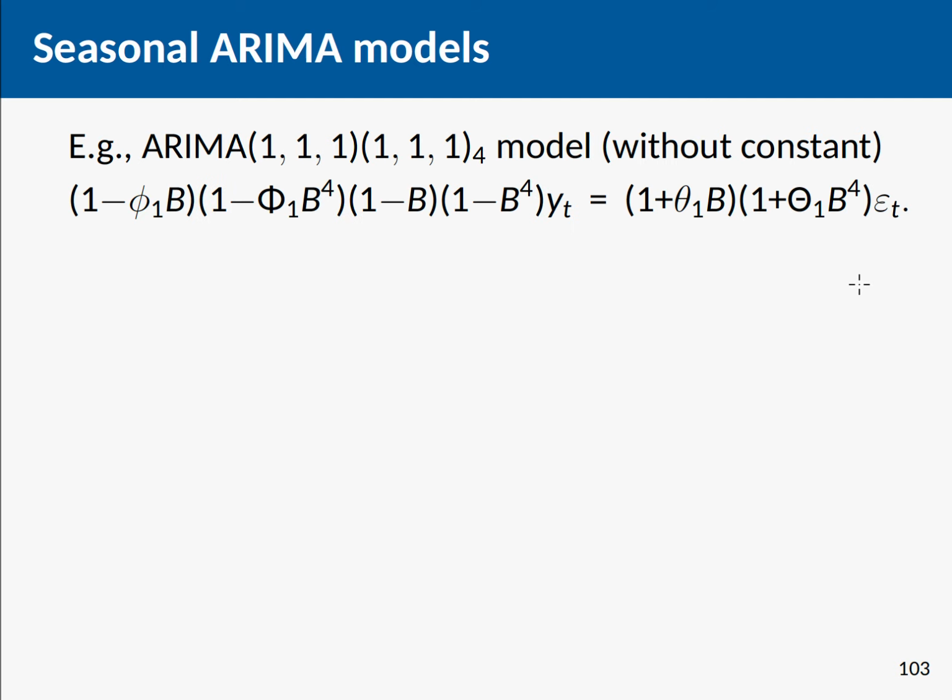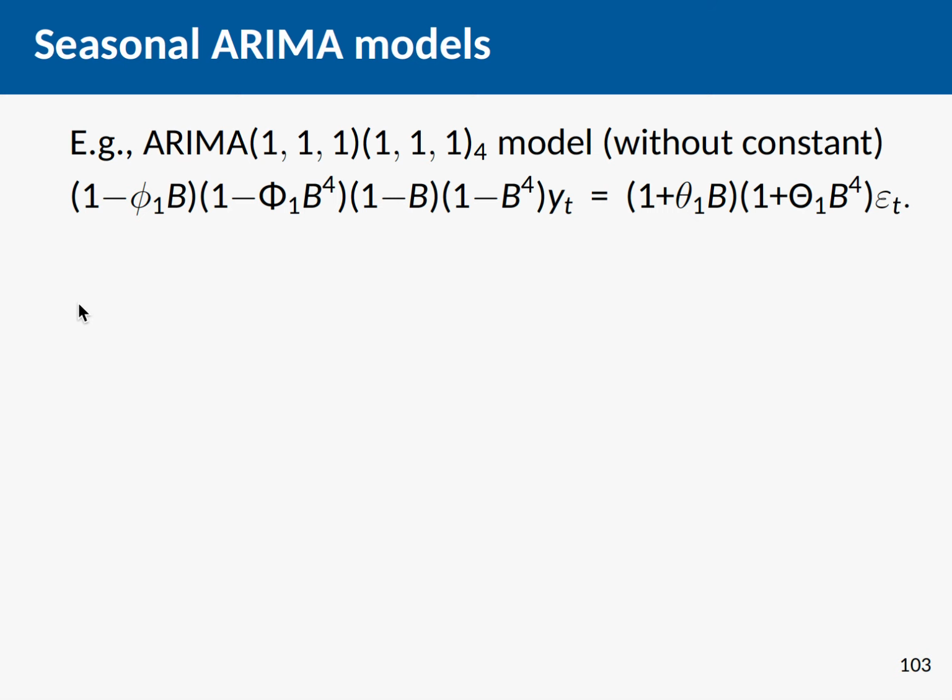There are various ways of writing the ARIMA models. The backshift notation is very popular for writing more complicated seasonal ARIMA models, because you can write this in one line. Here, if you wanted to represent an ARIMA(1,1,1)(1,1,1)4, you would do this as follows.